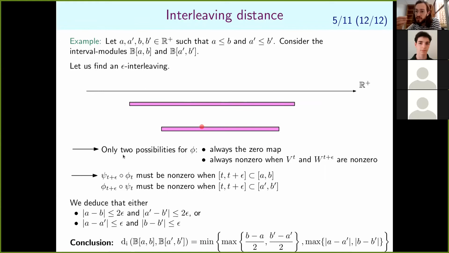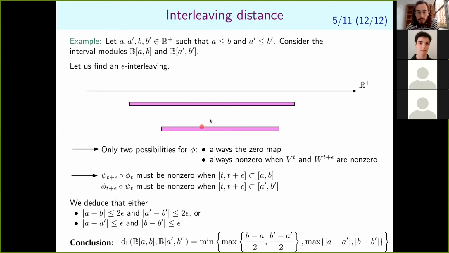And so if you write that down, you will see that the only possibilities you have give you this value of interleaving distance: the maximal value between the half length of the bars, and the maximal value between the difference of the endpoints. And then you take the minimum of these values.